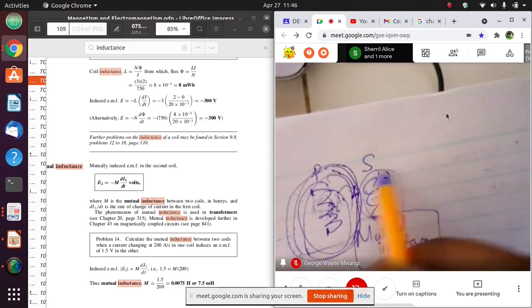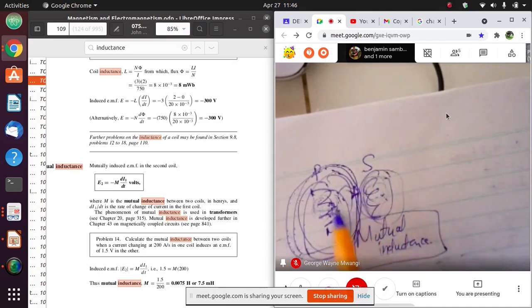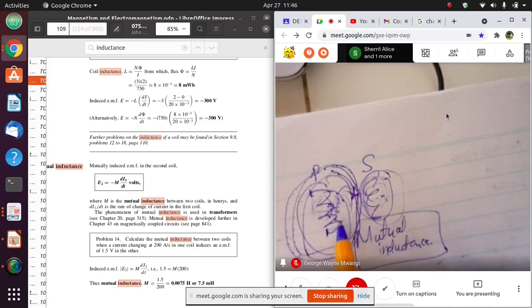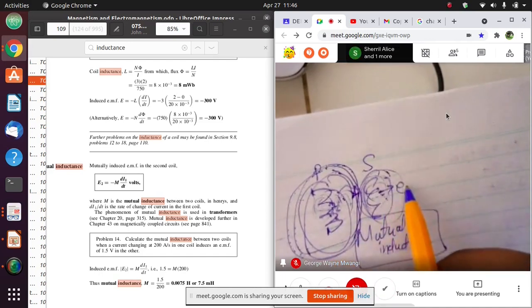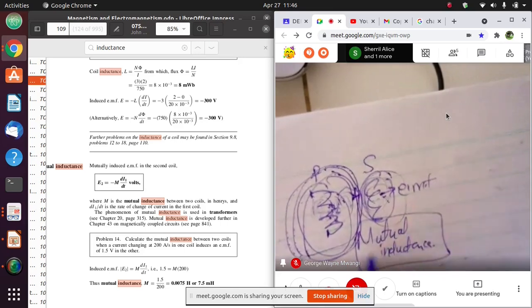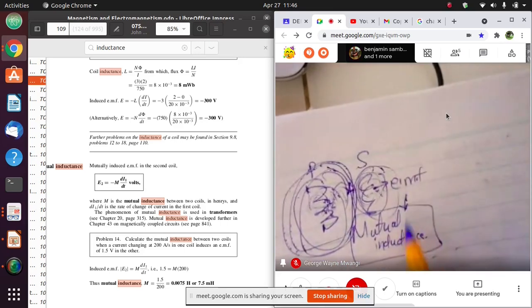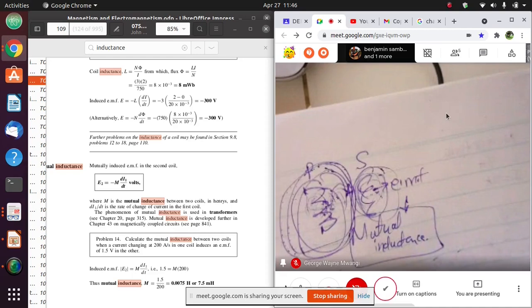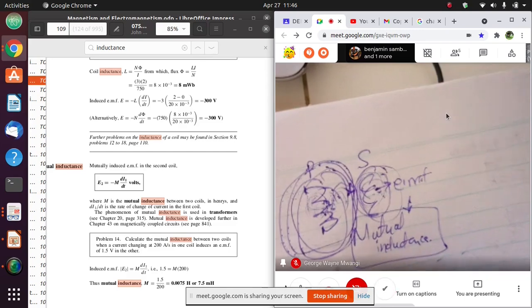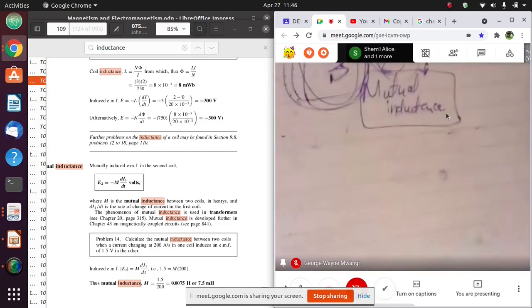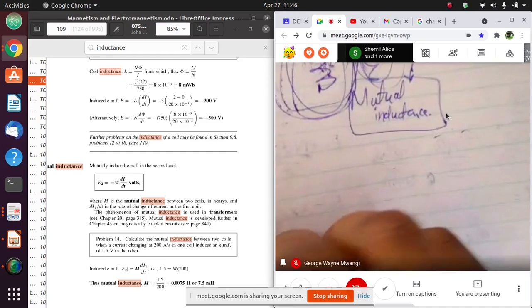So when this coil interacts with the magnetic field from the first coil, then another EMF will be induced in this second coil, and that is what we call mutual inductance. Okay? Yes. This is the principle on which transformers work. They work on the principle of mutual inductance.